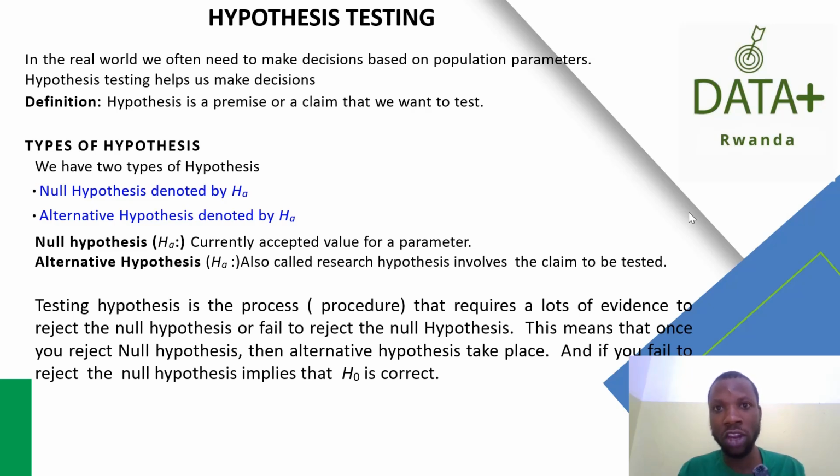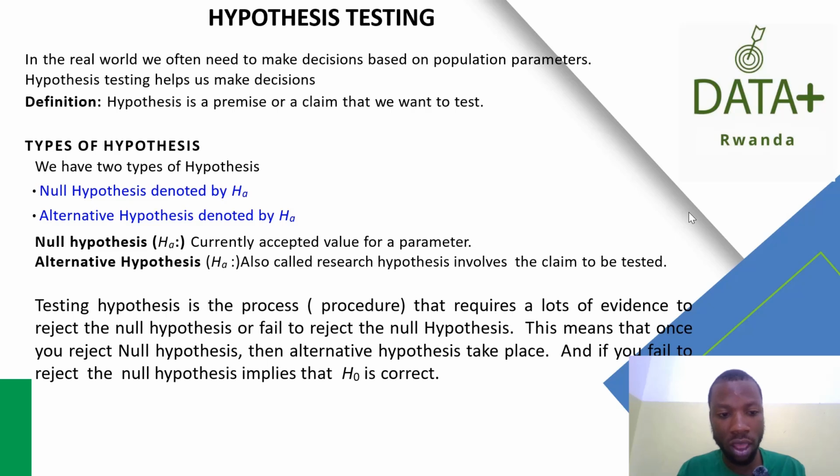So if you fail to reject the null hypothesis, it means that you don't have enough evidence to conclude that your side, your alternative hypothesis, is true. Once you fail to reject the null hypothesis, you don't have enough evidence. So once you reject the null hypothesis, the alternative hypothesis takes place.